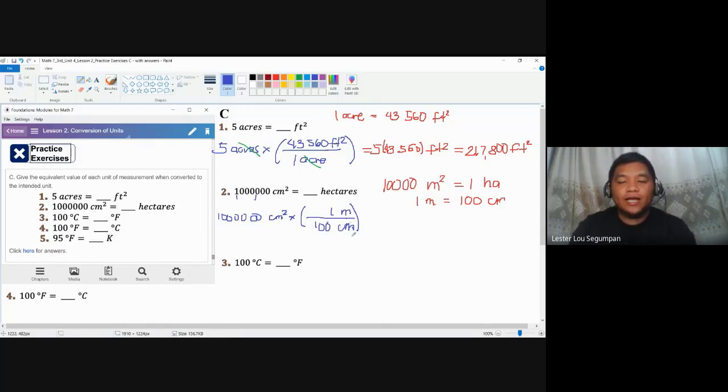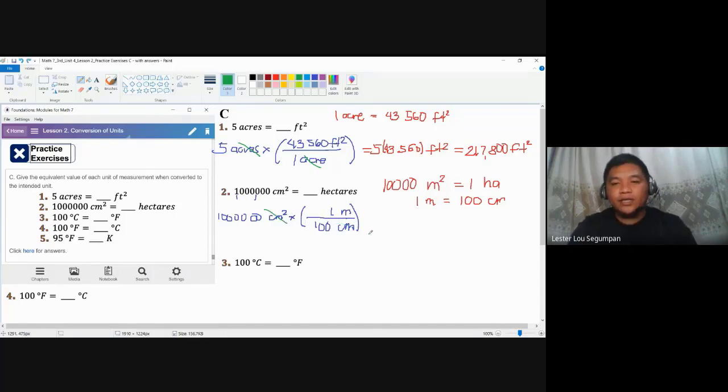We use this relationship so that we could move from centimeters to meters and then later on to hectares. But when you look at the notations, you have square centimeters, but you only have centimeter here. This means that this is already an exponent of 1, and this is already 2. So we cannot cancel this.